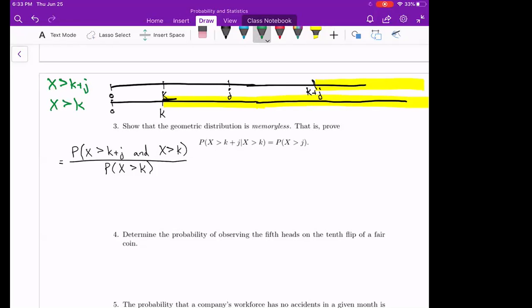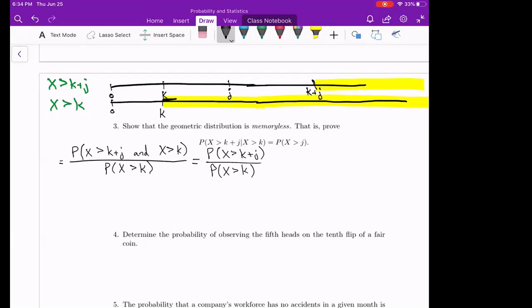Yeah, Tim, X greater than K plus J. So that means that this ratio is equivalent to the probability that X is greater than K plus J over the probability that X is greater than K. So that numerator simplifies through reasoning.